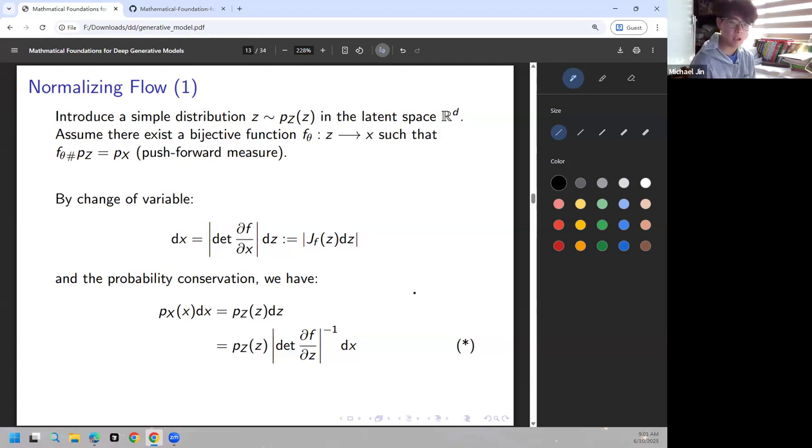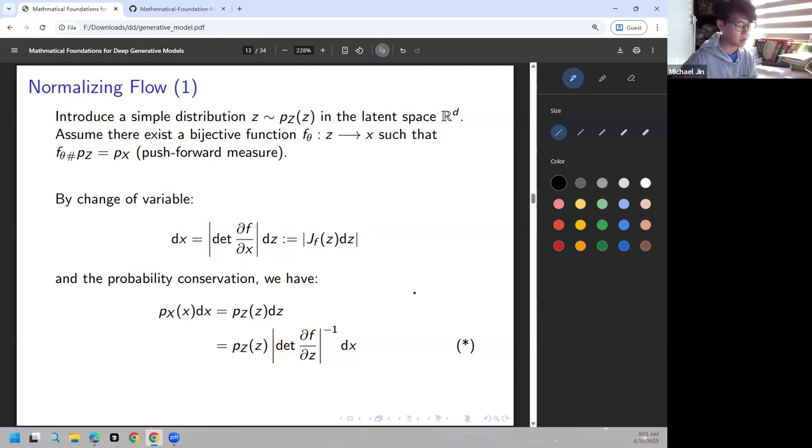So being a bijective function means that the dimension of the domain and the codomain should be the same. So the Prior distribution should also be in R^D. And this bijective function is f theta.